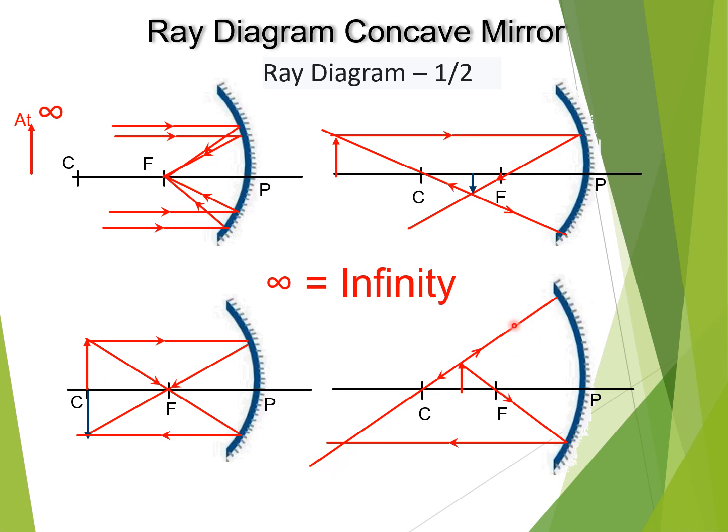So as we have seen before also, if it is passing through center of curvature, it will trace back. So the reflected rays are meeting at this point. This is a reflected ray, this is a reflected ray, so they are meeting at this point. So our image shall be formed at this point. Now here we can see the image is larger but real and inverted. So these are the four conditions.